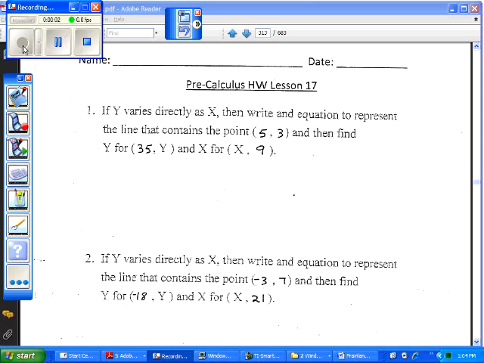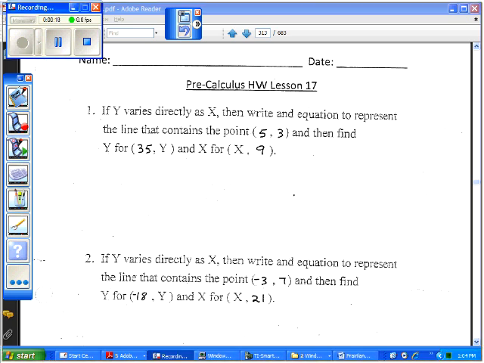Lesson 17 is direct variation. There's some notes in Algebra Student Edition preliminary pages about direct variation. If it says that y varies directly as x, what that means is we have a y equal mx plus b situation where b is equal to 0.